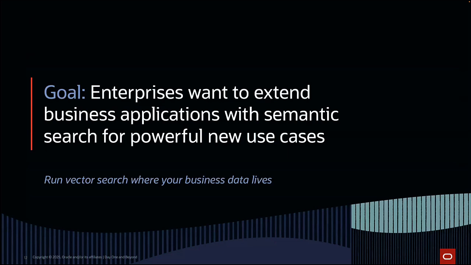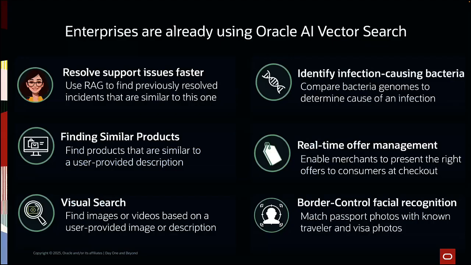So at the end of the day, vectors are all about allowing enterprises to extend business applications to use semantic search and enable semantic search to open the door to solving new problems, right? And we're seeing many customers solve some very different types of problems using vectors.